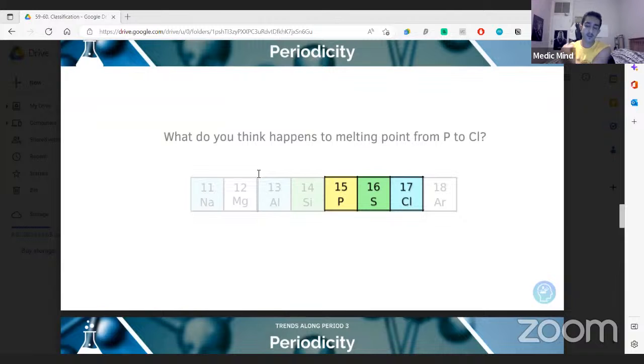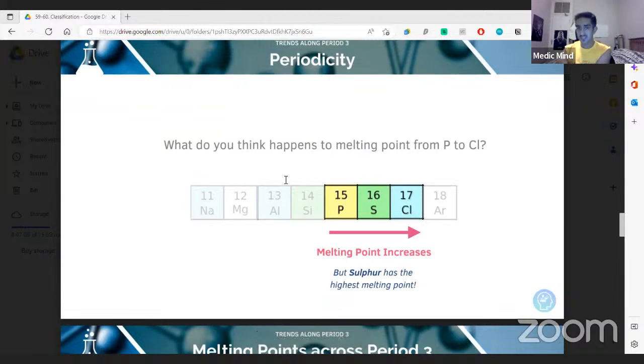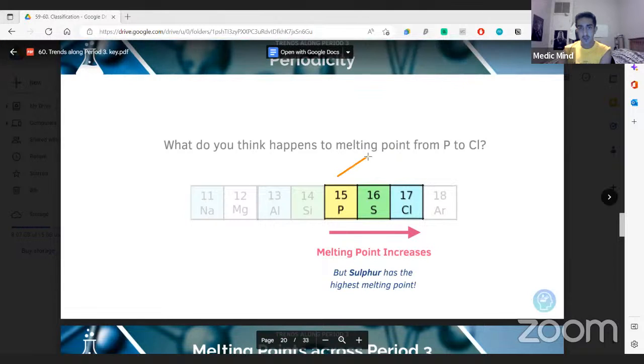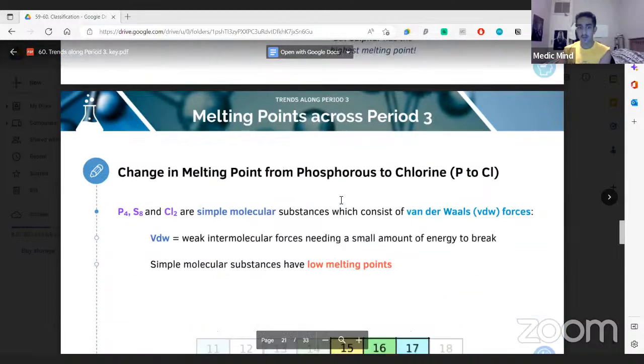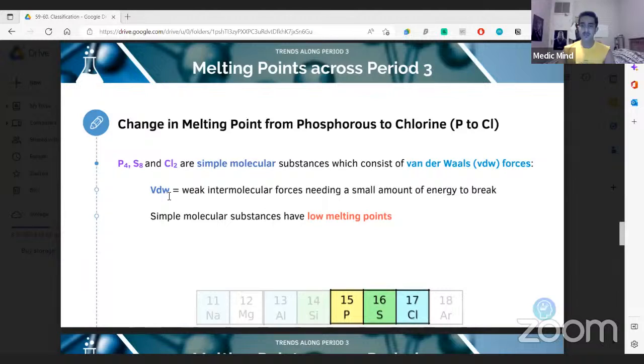Okay, melting point from phosphorus, sulfur to chlorine. Well, interestingly enough, the melting point from phosphorus, sulfur to chlorine goes up and then it goes slightly down. Why is this?